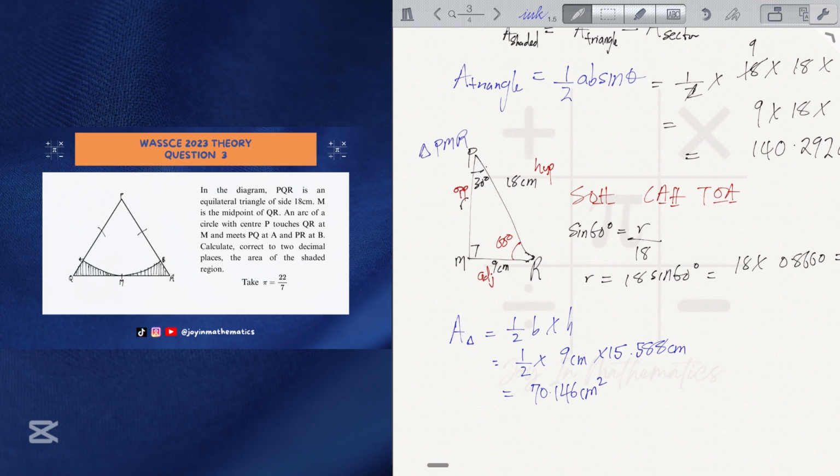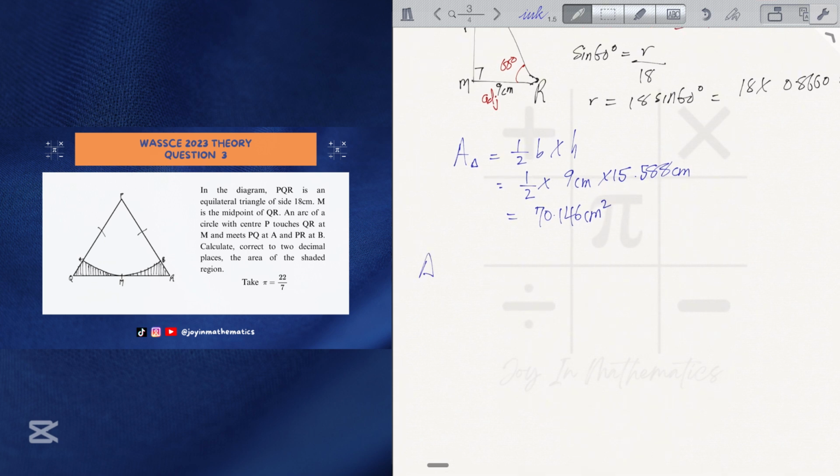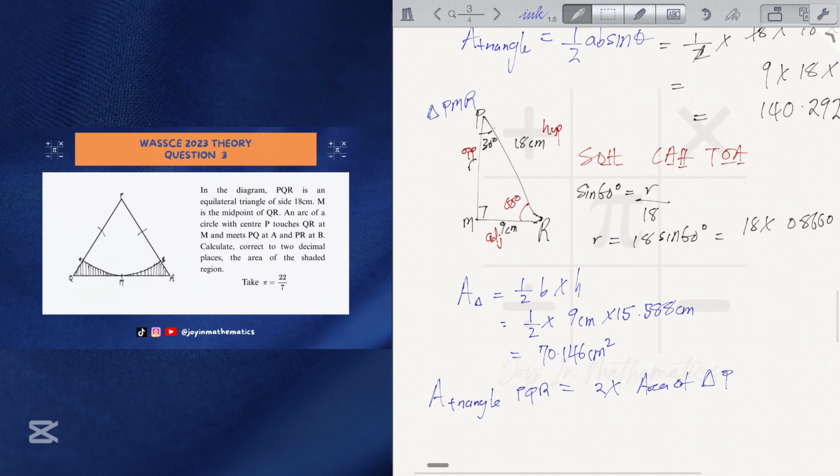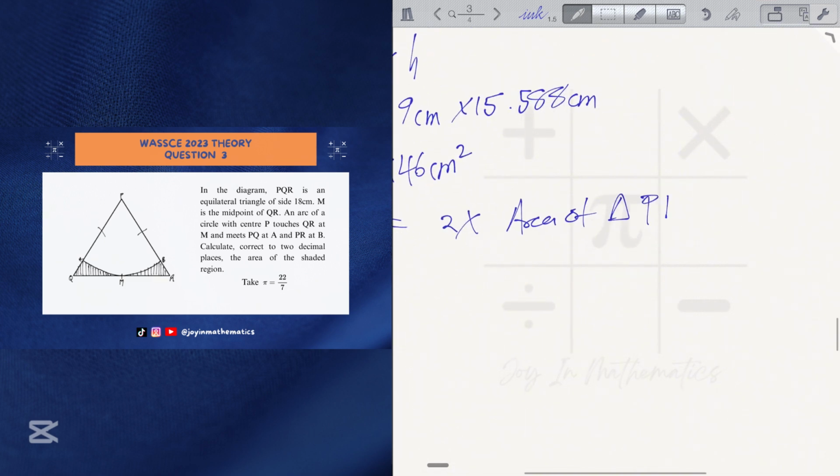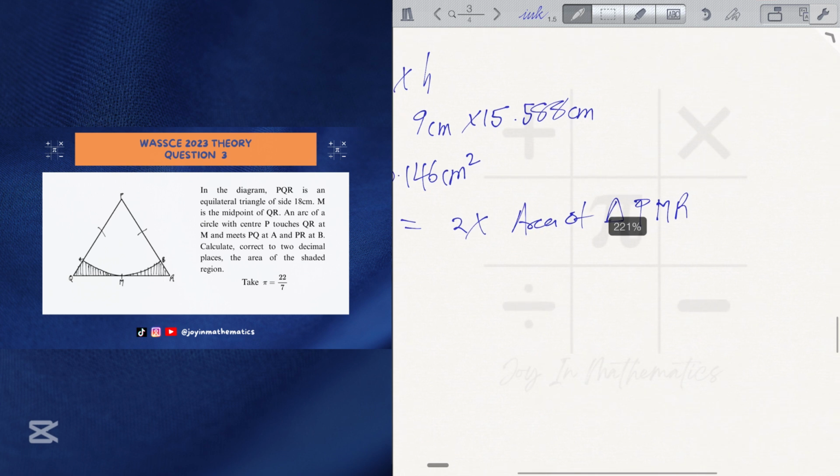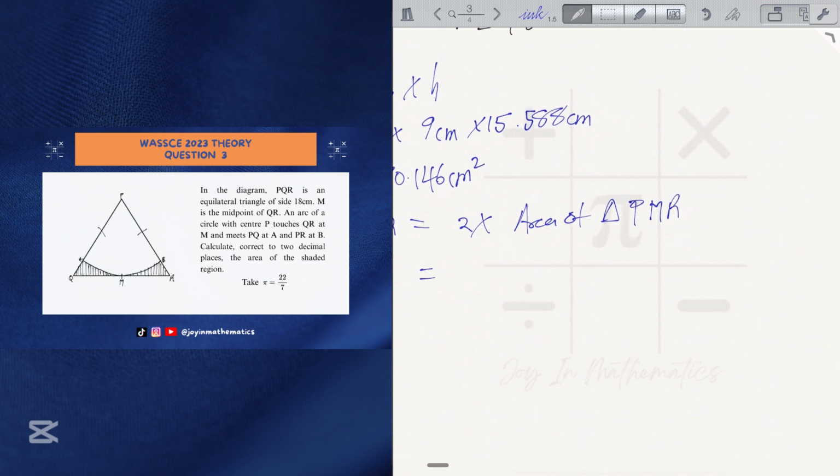So the area of triangle PQR now will be equal to 2 times the area of triangle PMR.